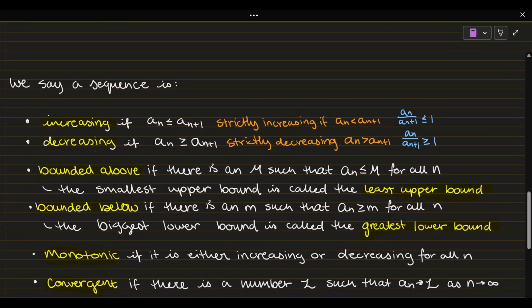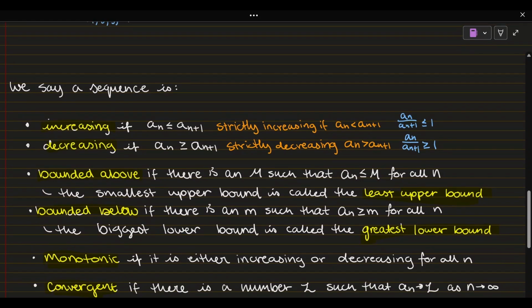We say it's monotonic if it's either increasing or decreasing for all n, so it has to be one way or the other. It can't increase, then decrease, then increase, then decrease. You might think back to monotonicity from Cal 1. So if it's strictly increasing, or only decreasing, then it's monotonic.